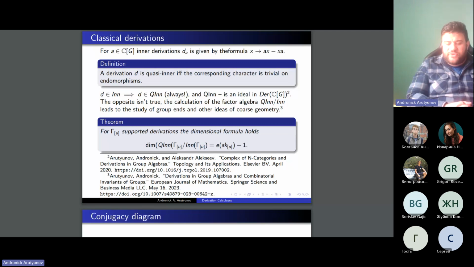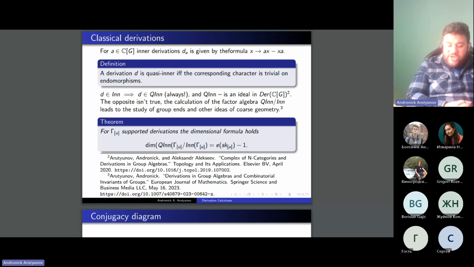A theorem which was proved in a joint paper with Alexander Alexeyev is the following. The space of quasi-inner derivations is an ideal in the Lie algebra of all derivations. And it's very interesting to think what is the connection between inner and quasi-inner derivations. Are there a lot of them?